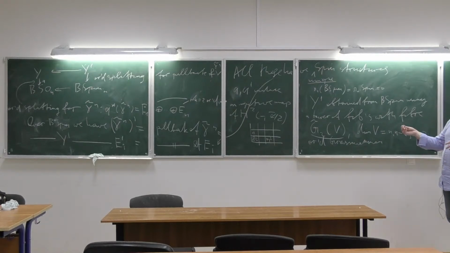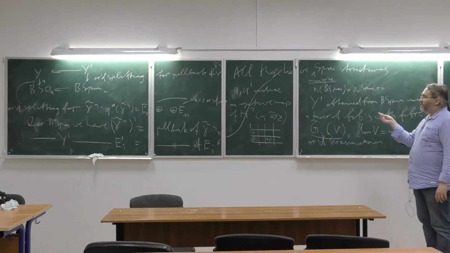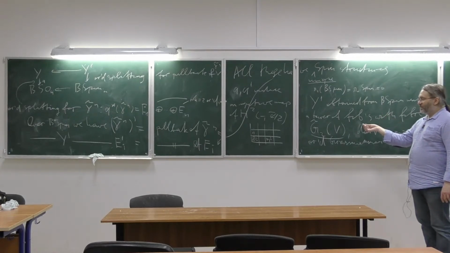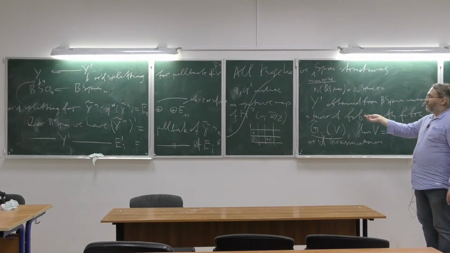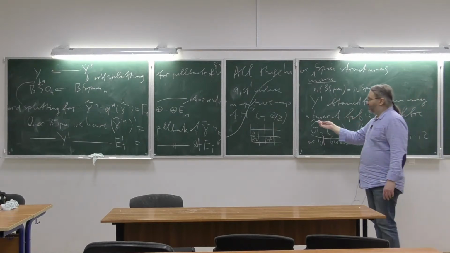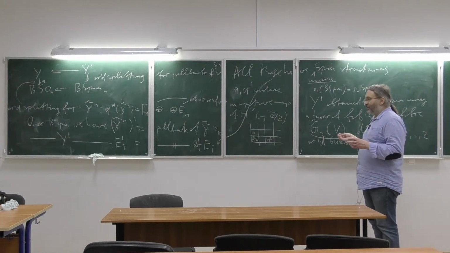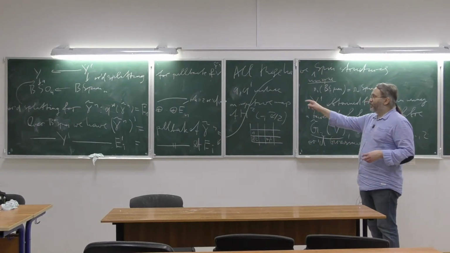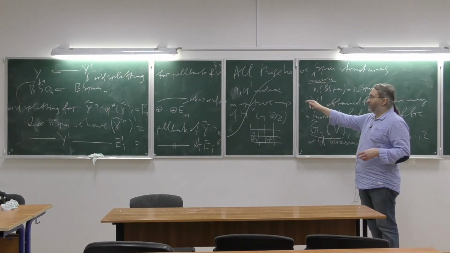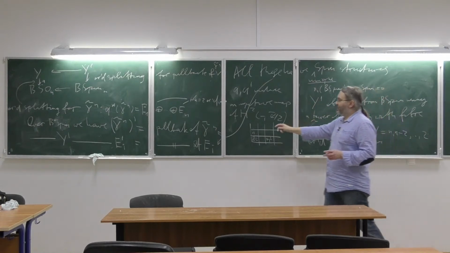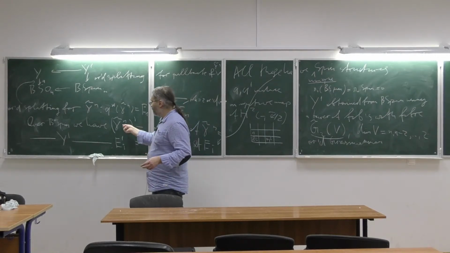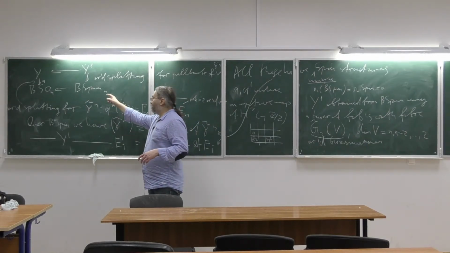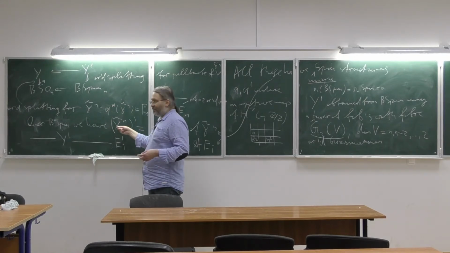The first stage is we take the bundle of oriented two planes inside the pullback of gamma n. Let's pull it back to B spin. The result is gamma prime.